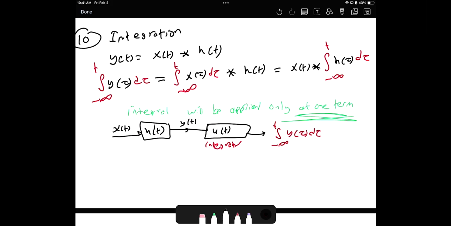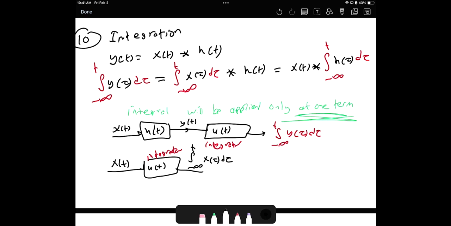Let's see another scenario, which is when we have x of t here, then we have an integrator here. So what do you expect the output here? It will be the integration from negative infinity to t of x of tau d tau.